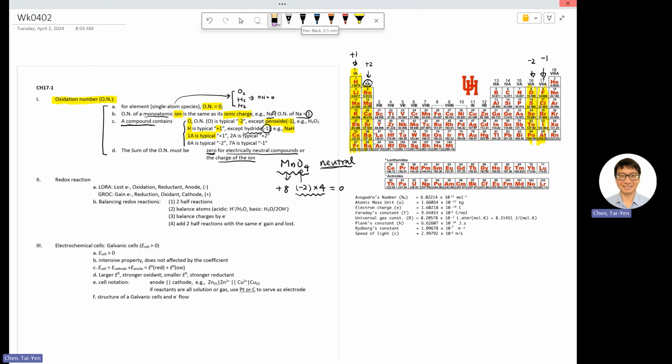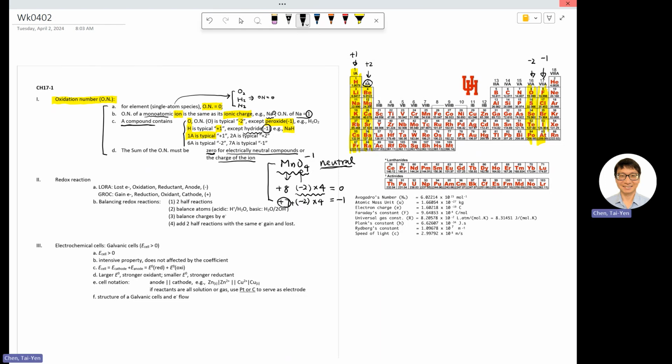Typically, however, MnO4 exists with a -1 charge. If MnO4 minus carries -1 charge, your oxygen still carries -2, and you have 4 of them. That means your manganese will become positive 7.